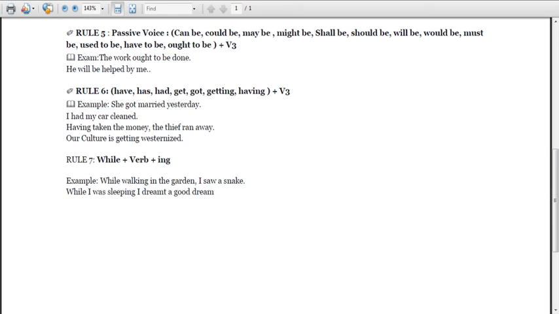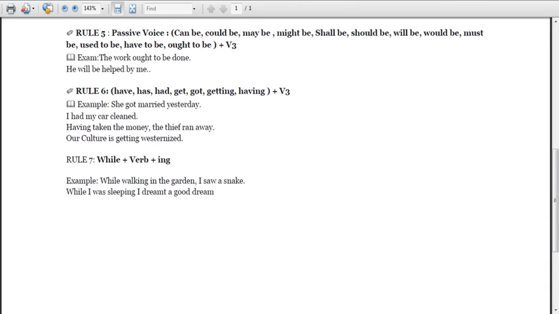The last rule for today is while. After while we will take the continuous form of the verb, meaning ing will be added with the verb. One example says, while walking in the garden I saw a snake. But here's a method to remember.